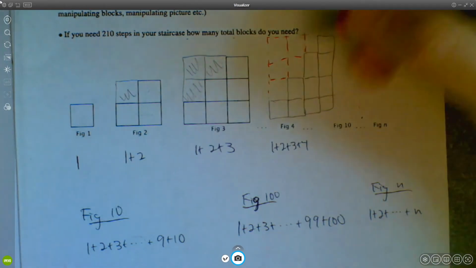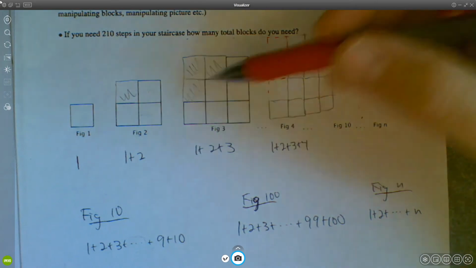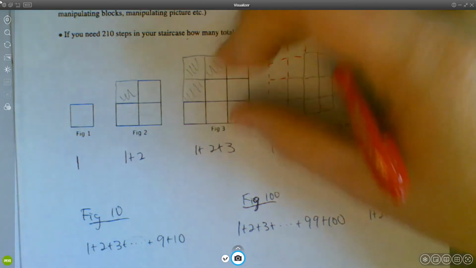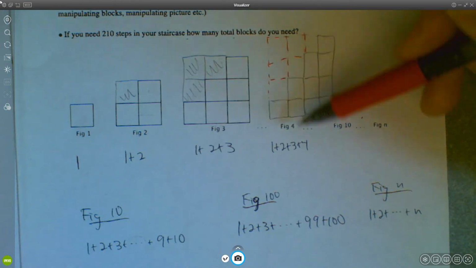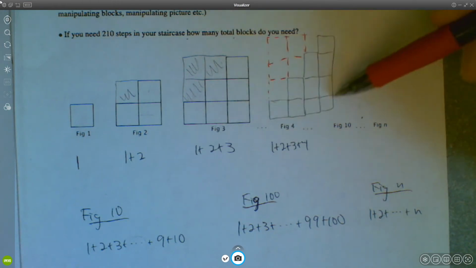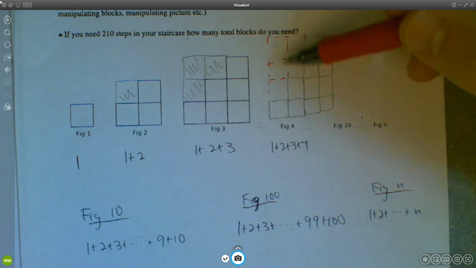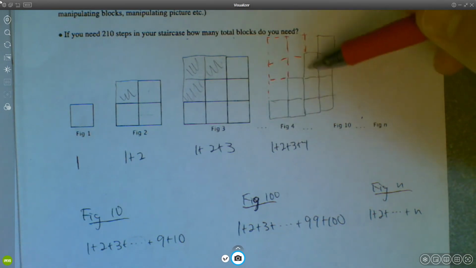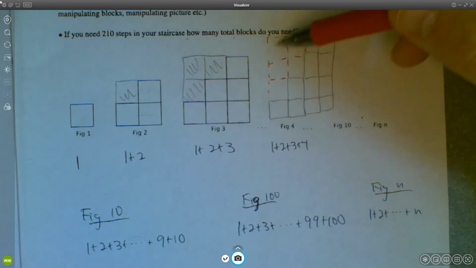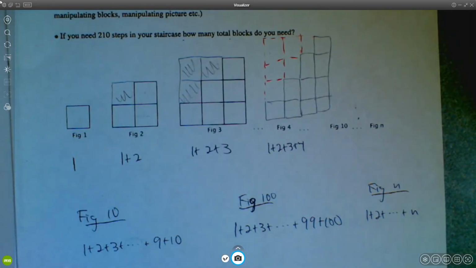So what are we missing? Well, notice if you take figure 3, flip it over, and that's what you're missing. You're missing a figure 3. So figure 4 is a 4 by 4 minus a figure 3. It's not a 3 by 3 that you're missing, because you're not missing these 3 pieces. You're only missing these ones that are kind of outlined in red.